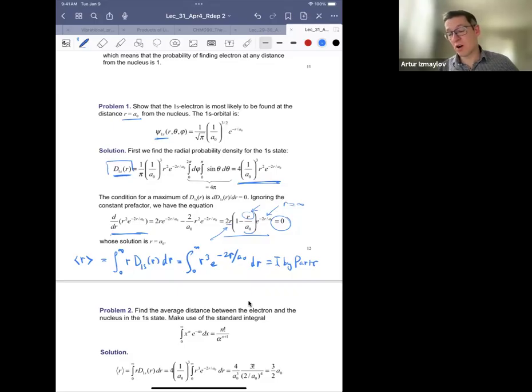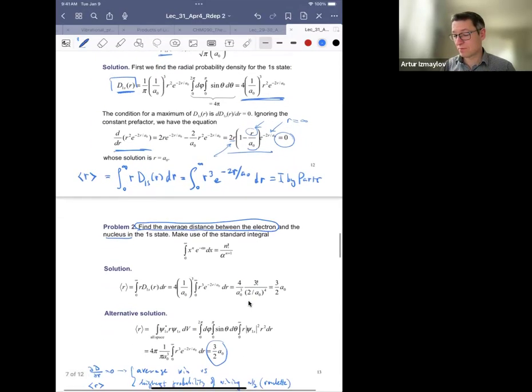Naturally, you just average r with the D, and you could get a slightly different expression by integrating by parts. And that corresponds to finding the average distance between the electron and the nucleus, right? So average distance, not the most probable, but average. Mind the difference.